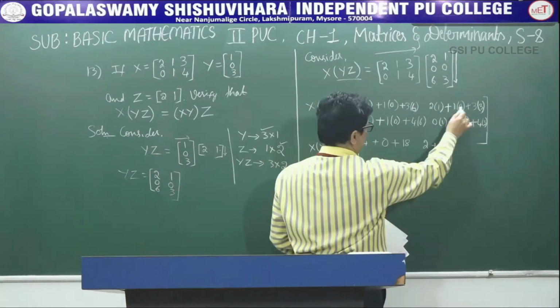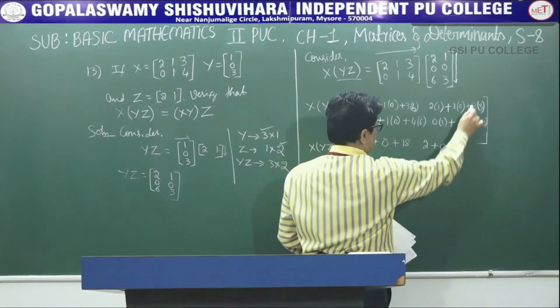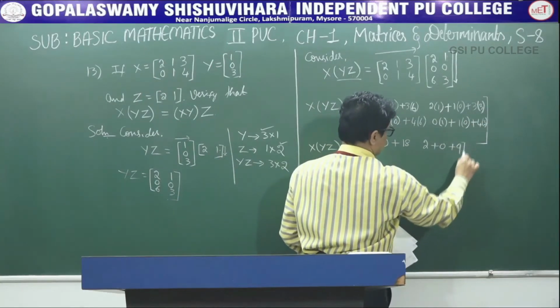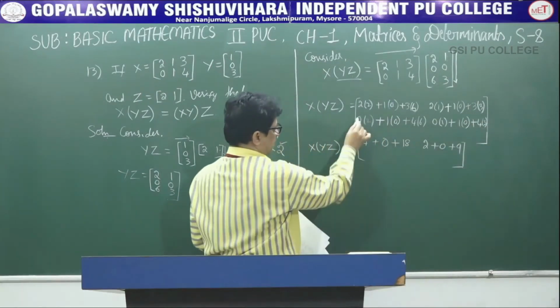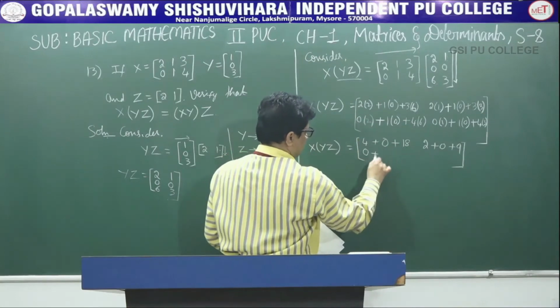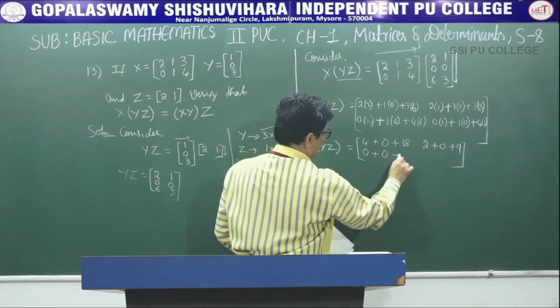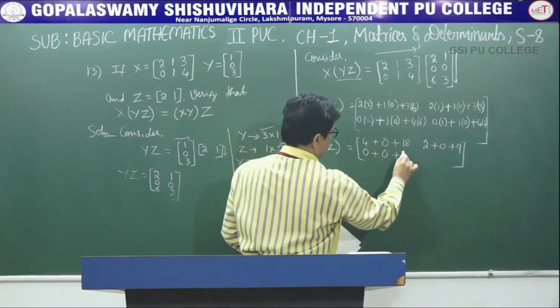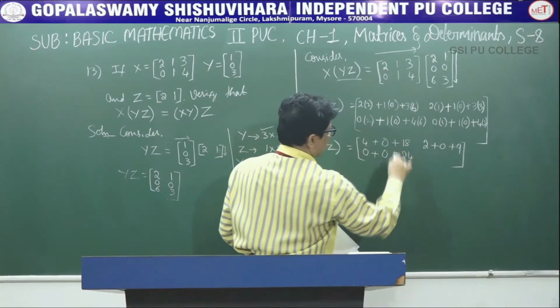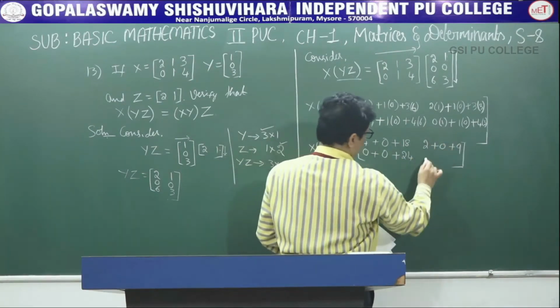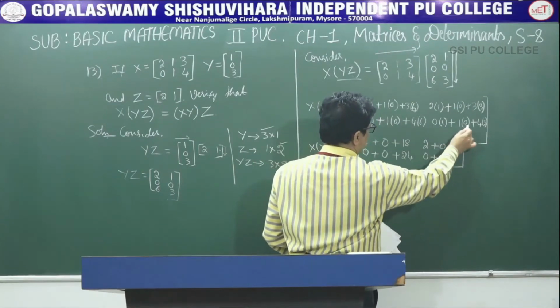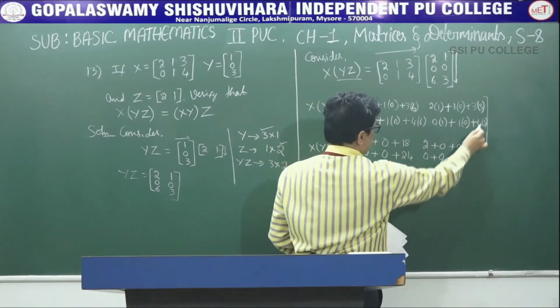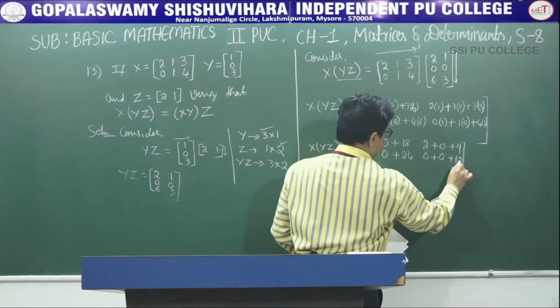So that will be 1 into 0, 0 plus 3 3s are 9. 0 into 2, 0 plus 1 into 0, 0 plus 4 into 6, 24. So 0 into 1, 0 plus 1 into 0, 0 plus 4 into 3, 12.